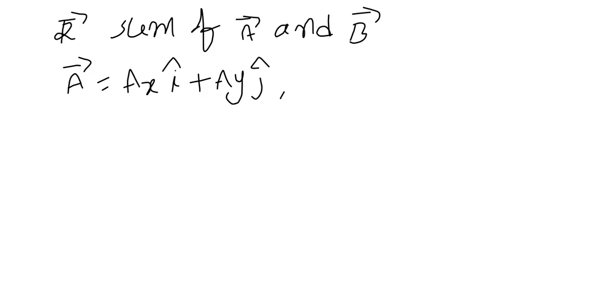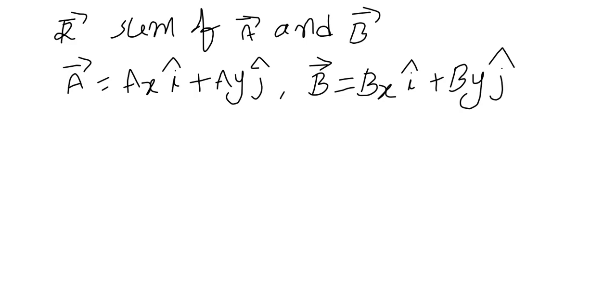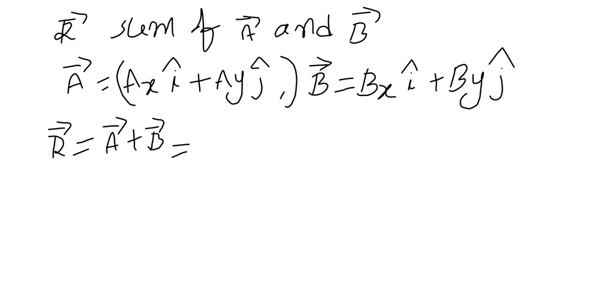B bar is equal to Bx i cap plus By j cap. So R bar is equal to A bar plus B bar. How do we add? We add the i components, next add the j components.